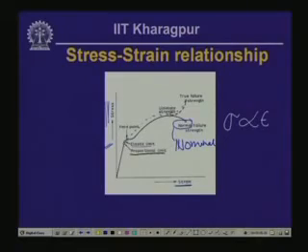Then there is a loading down on the load when the bar fails, and that is how we get a failure stress which is lower than the ultimate stress. So this is the maximum possible stress that a bar can attain, which we call the ultimate stress, and this particular point is the failure stress.